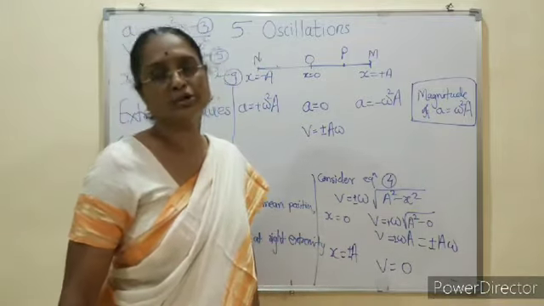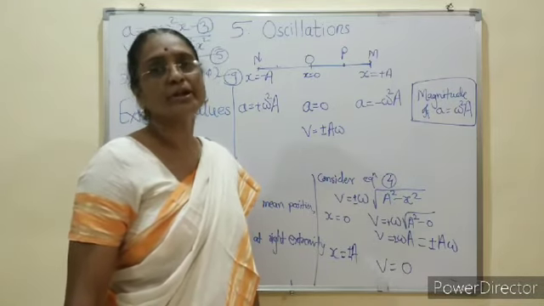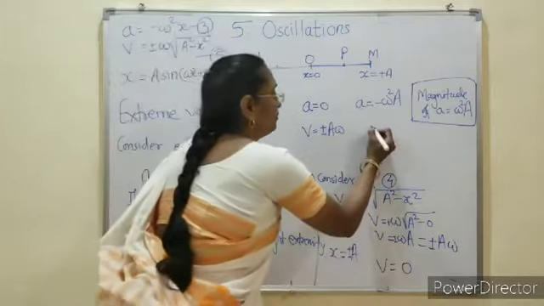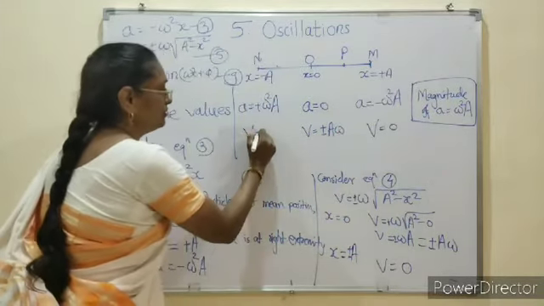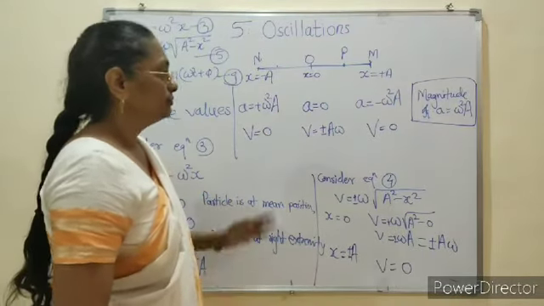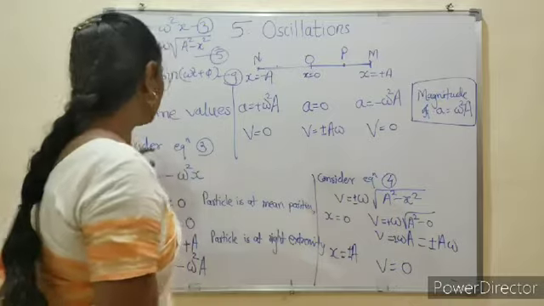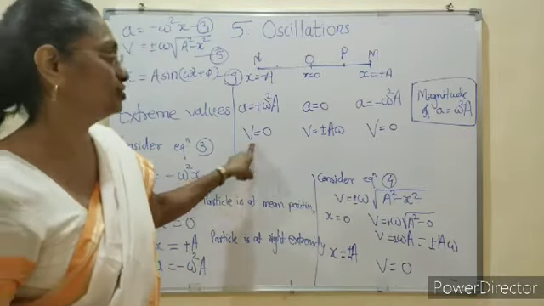And in the experiment also we have observed that the block stops momentarily at the extreme position. We write V is equal to 0 at positive extremity, V is equal to 0 at negative extremity. So these are the extreme values of acceleration and velocity.